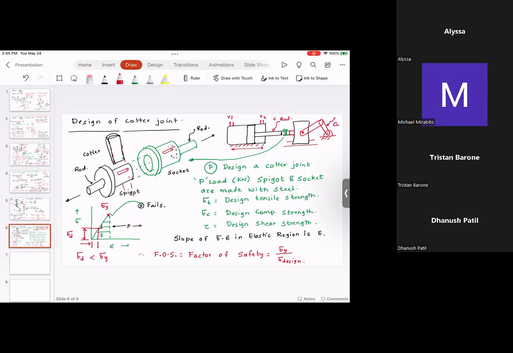But if you look at the way planes are designed, a higher factor of safety means bigger components, bigger weight, larger dimensions. That means you are going to spend a lot more fuel for performing a particular operation. So again, you have to optimize between the use case and the materials that are available to you.